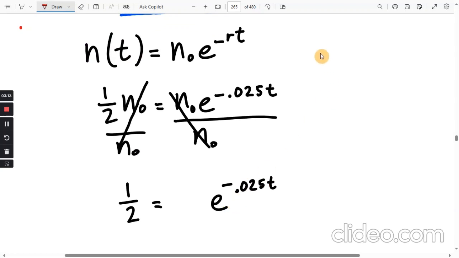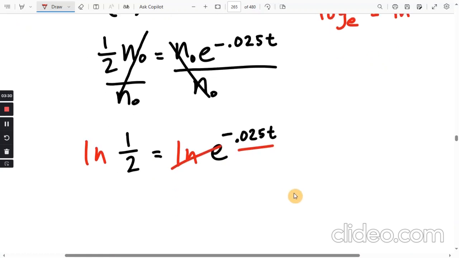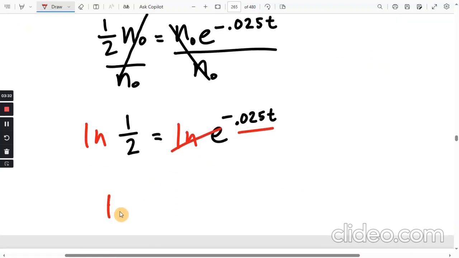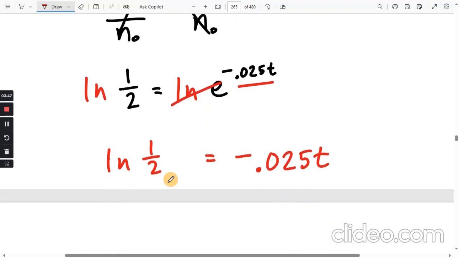All right, so log base e, as we've been saying, is the same as the natural log. That's why we're going to do natural log in order to isolate that exponent. We're going to do natural log on both sides. Natural log of e cancels, and we are just left with the exponent. So we have ln of 1/2 equals negative 0.025t.